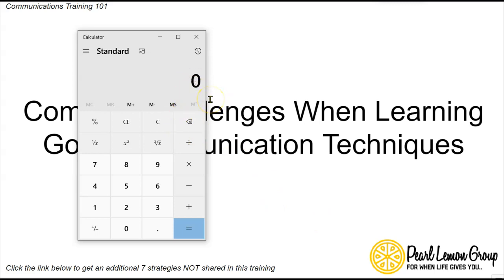Let's assume that takes you another 45 seconds. So 6.45 times 106 equals 683. Divide by 60. So now we're at about 11 and a half hours of training.